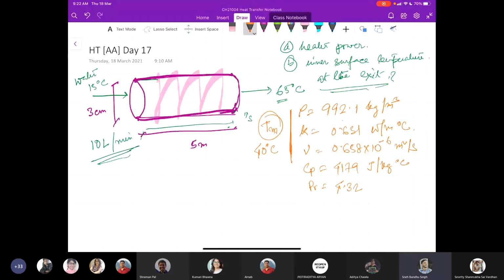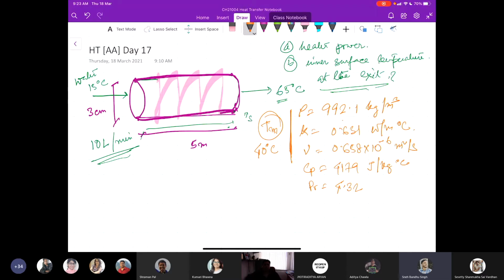If it is laminar, we have to find for the constant surface heat flux Q dot S, and that will be the power requirement. According to it, we first find h, and then T mean by LMTD, and Ts.